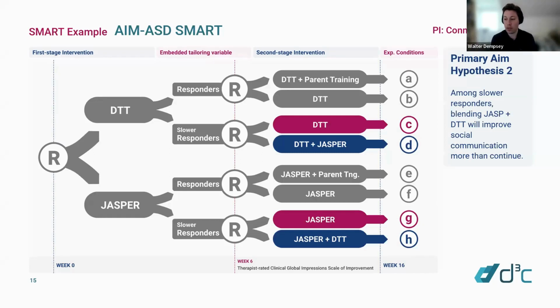I think that is a typical example now, where people are less and less going out and saying, I know exactly what variables I should be collecting in this study population as potential tailoring variables, and more sitting down with those individuals in those populations and saying, okay, these are the ones we think make sense to collect. If you sit down with the parents, they're going to have strong opinions about what other variables might be important to assessing response status. And I think that's also getting buy-in, because again, these are trying to be effectiveness trials, not efficacy trials.